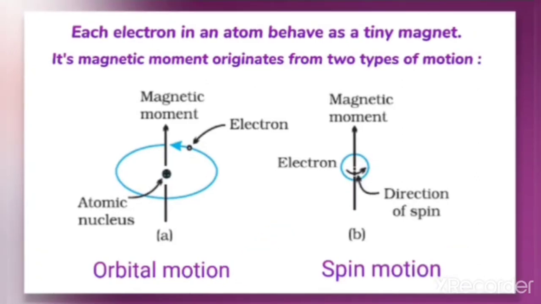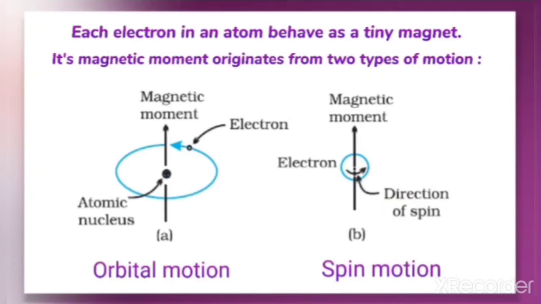As we know, the electron is a charged particle. So being a charged particle and undergoing these motions, it can be considered as a loop of current which possesses a magnetic moment. Thus each electron has a permanent spin and an orbital magnetic moment associated with it.